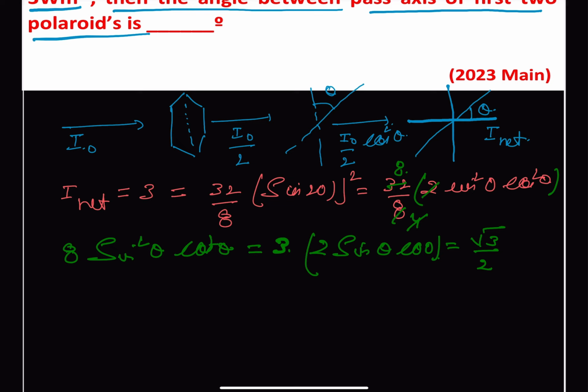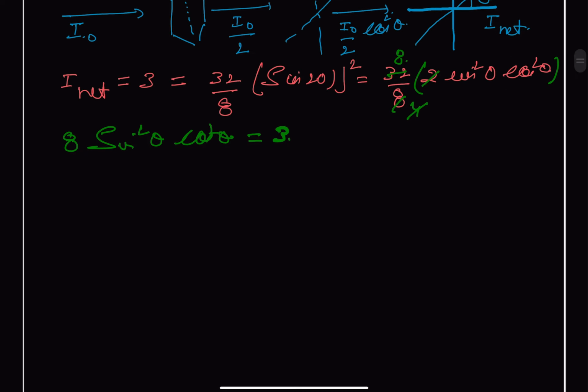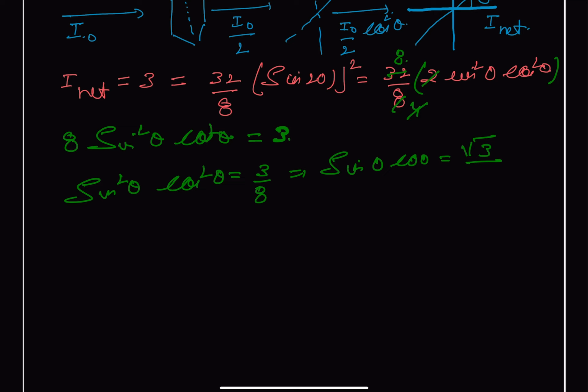Now let me write it again. Sine squared theta cos squared theta is equal to 3 by 8. This gives us sine theta cos theta is square root of 3 over square root of 8, and we multiply both sides by 2.